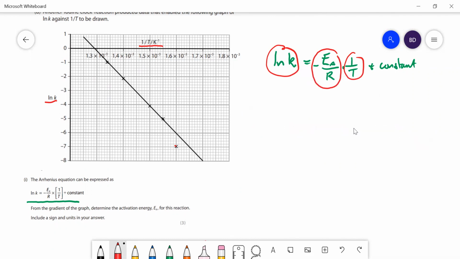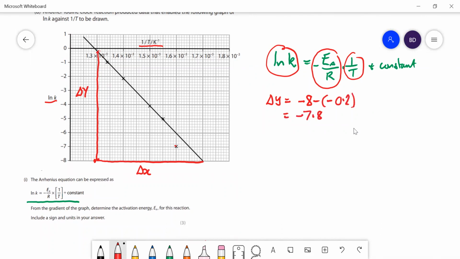Let's work out Ea. We've got this triangle here, and we work out the gradient of the graph: change in y over change in x. Change in y, we have minus 8 down here minus 0.2, equal to minus 7.8.